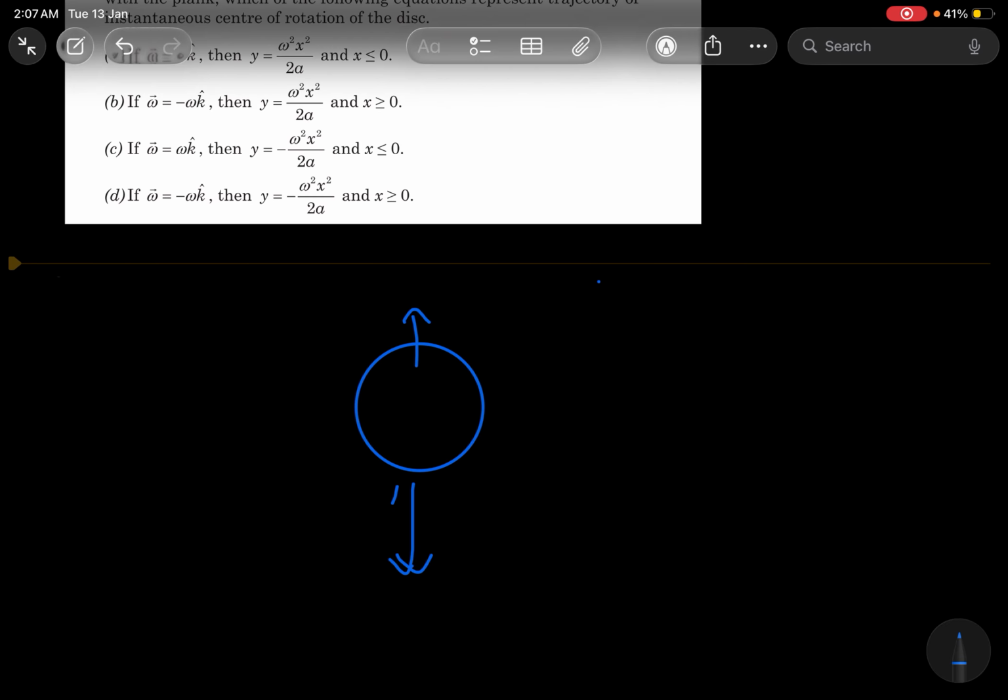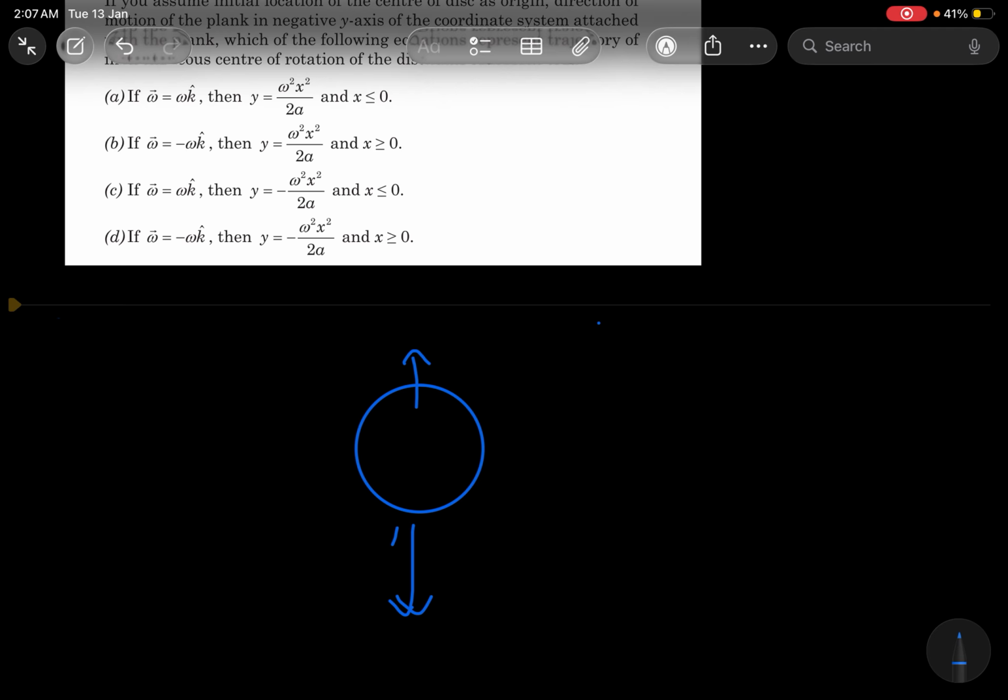So that is the concept of pseudo force. So if the plank is moving with acceleration a in the negative y-axis direction, then the person sitting on it will see, or relative to the plank, the disk will be going in the positive y-axis direction with acceleration a, right?